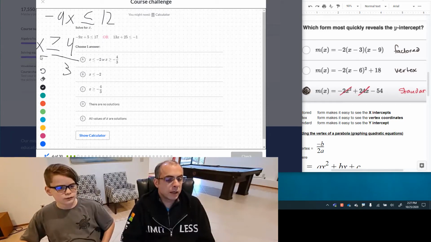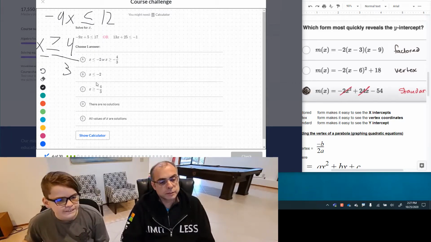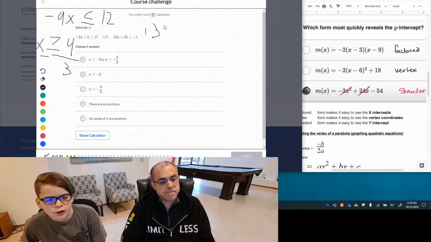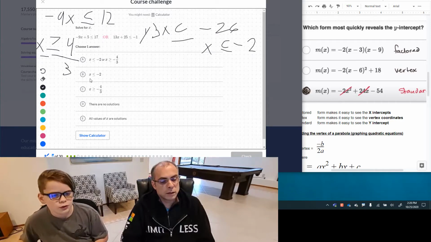Can you put that negative a bit clearer? So this one's right. Add 25, 24. Oh, it's actually 26. Then divide that by 13, and that would equal x. Negative 2. So they're both right.